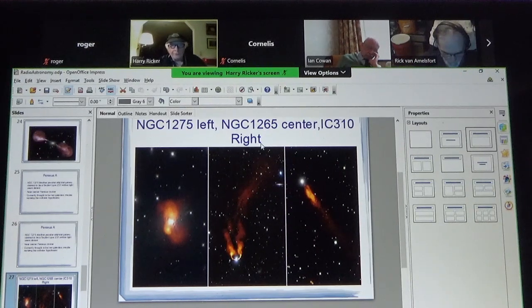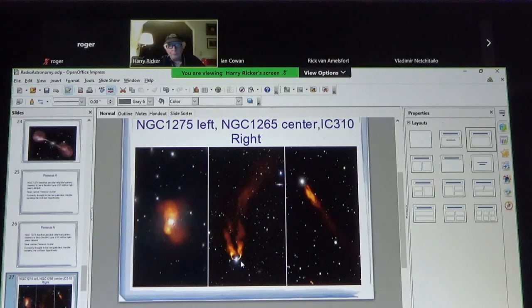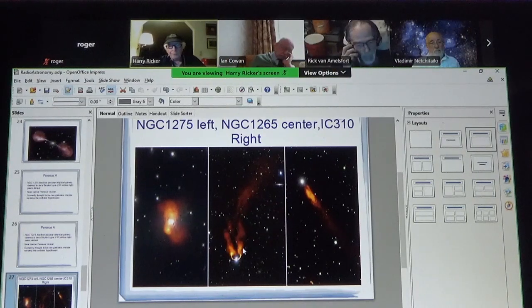This one here in the center is NGC 1265, and you probably can't see it too well, but it's got jets on both sides of it, and it's squirting out radio emissions.